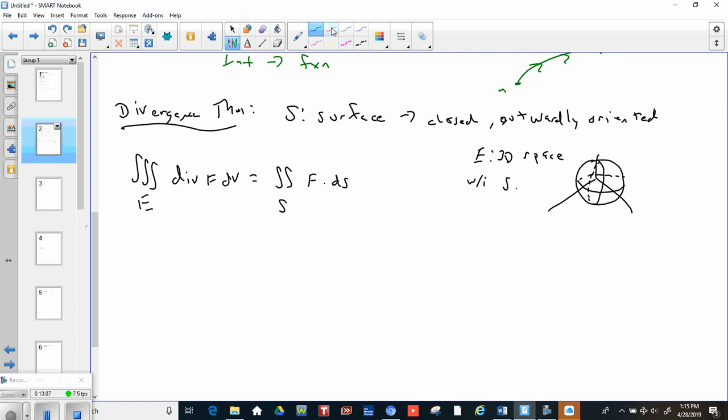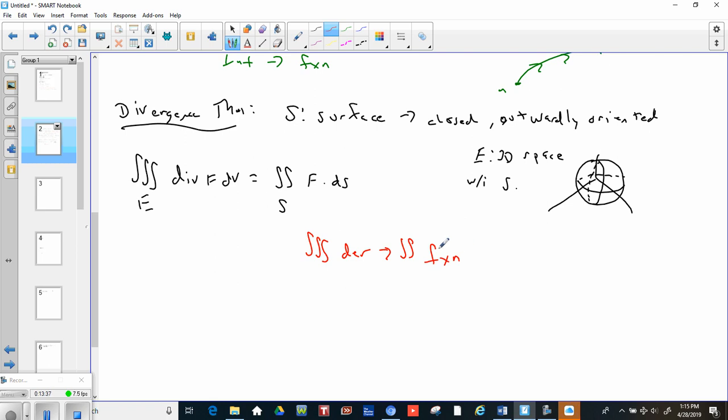And again, just like before, what we're saying here is that you can take a triple integral of some kind of a derivative, because remember that the divergence of F is defined to be a derivative, because it's the dot product of del and F. And then we can end up with the double integral of some kind of a function.